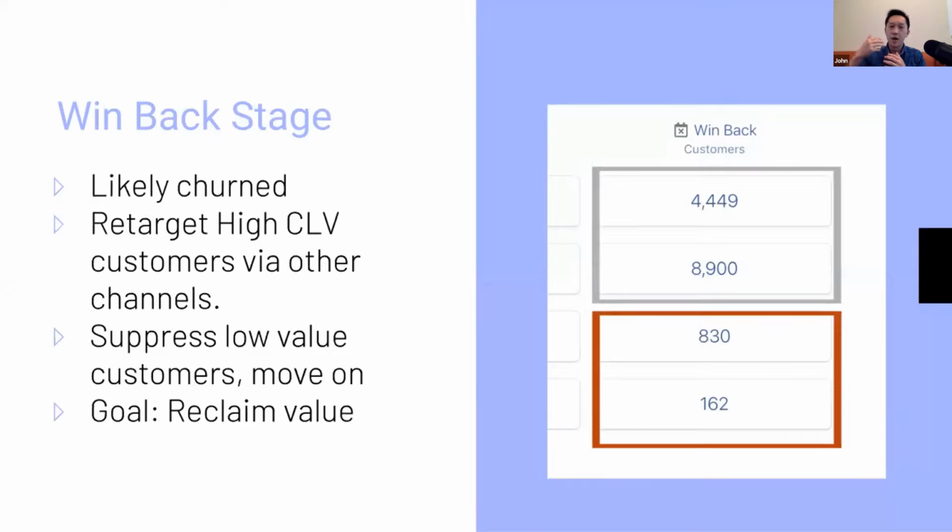For the low value customers, it might be time to just move on, unless you have a very cost efficient, low CAC way to target the low value user who's never purchased. Otherwise, the best way is just to suppress them and move on. Maybe you do another retargeting, but chances are they've left.